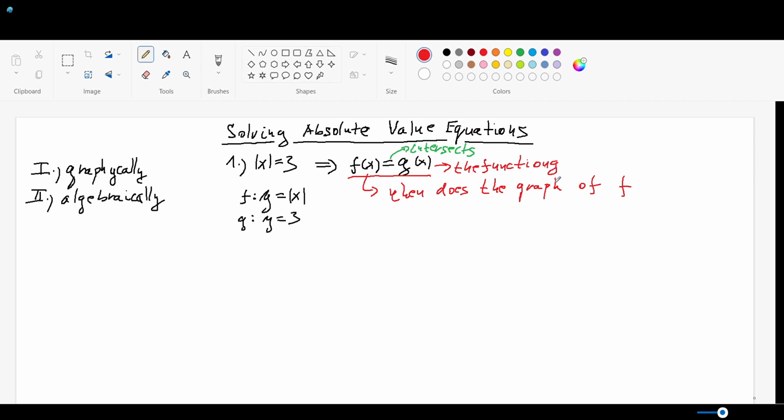In this case, g is a constant function, so we are looking for the intersections of these two functions, f and g. When does the graph of function f equal this value, the number 3 in this case?